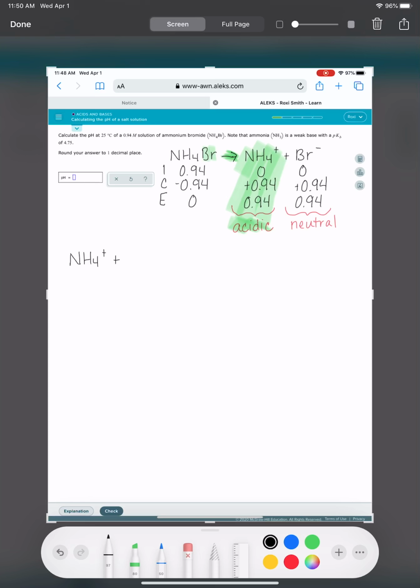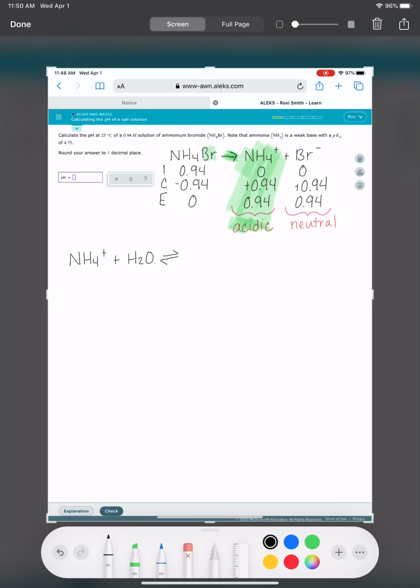We're trying to figure out how acidic this NH4 plus solution is. Always, 100% of the time, with all of these reactions, it is our acid, or the base, plus H2O in equilibrium every single time.